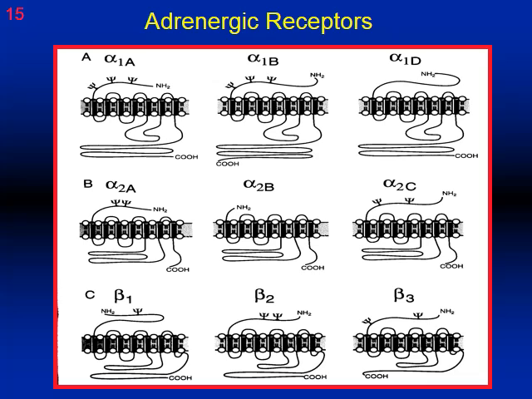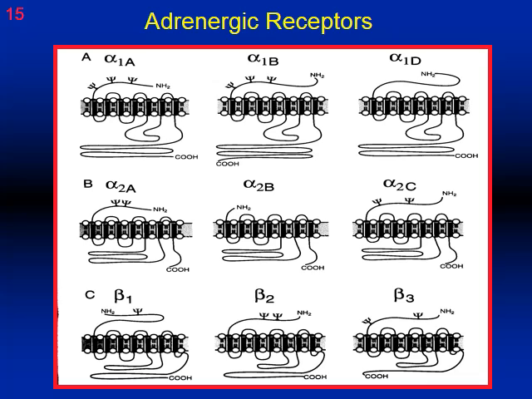All right, so this slide is showing you something also interesting. It's showing you that there are subtypes of the subtypes. If we look here at alpha 1, we see alpha 1A, alpha 1B, alpha 1D. Alpha 1C is a rat form, so it's not relevant. But alpha 1A, alpha 1B, alpha 1D, do you see how they differ in terms of these pitchforks?